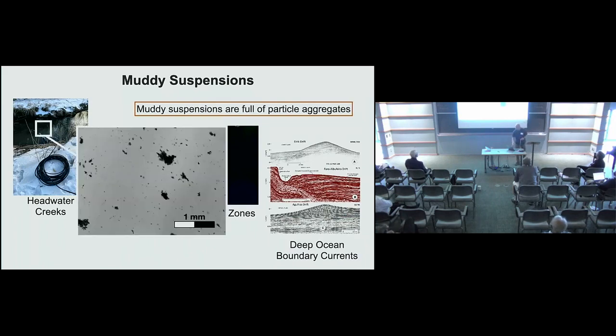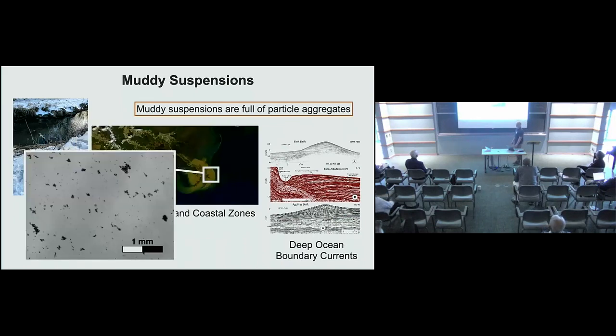These muddy suspensions, if you go and look at them, almost always exist in some state of aggregation. It doesn't matter if you're in a headwater creek or out in the ocean, in the coastal zone or elsewhere, these small particles are almost always existing, at least some significant fraction, in an aggregate state.